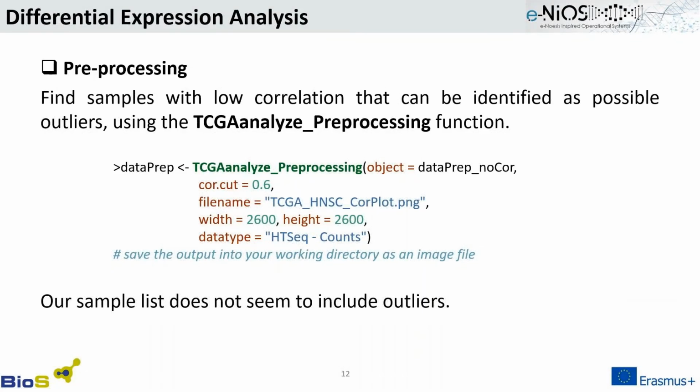In our analysis, we will use the edgeR algorithm for identifying differential expression between normal and tumor cells. edgeR is one of the most widely used tools for differential expression analysis, along with limma-voom and DESeq2 algorithms as well. It has been shown to perform well in terms of precision, accuracy, and sensitivity, and you can find more information about this algorithm in the paper of Robinson, McCarthy, and Smyth in 2010 in the Bioinformatics journal.